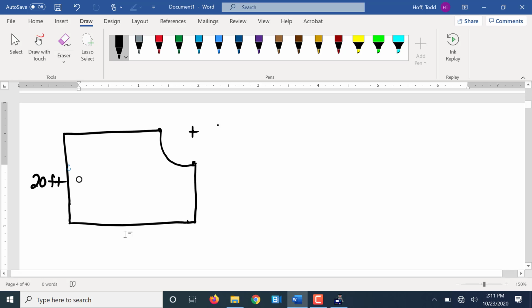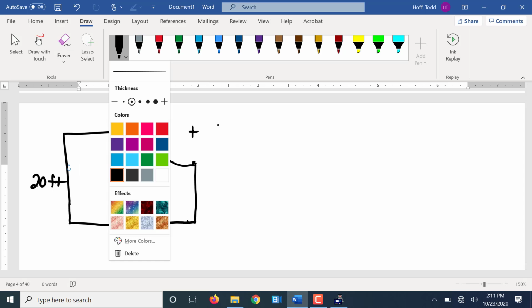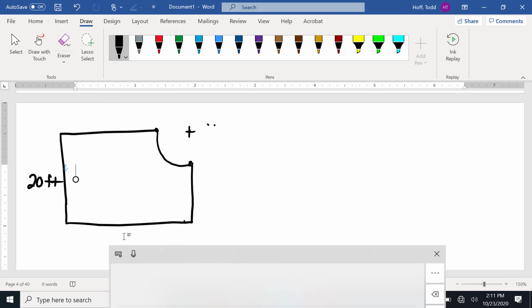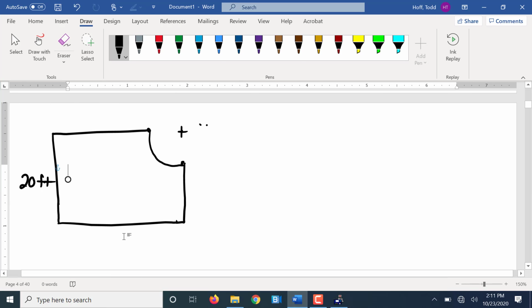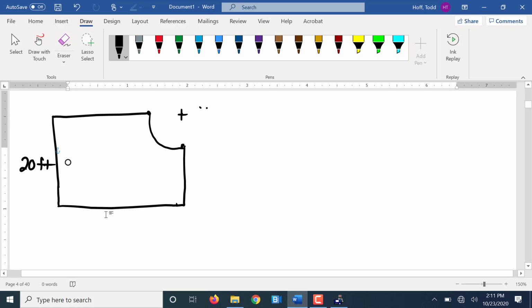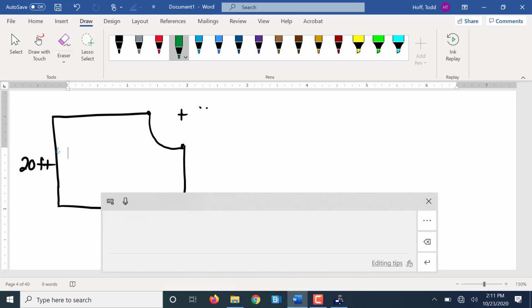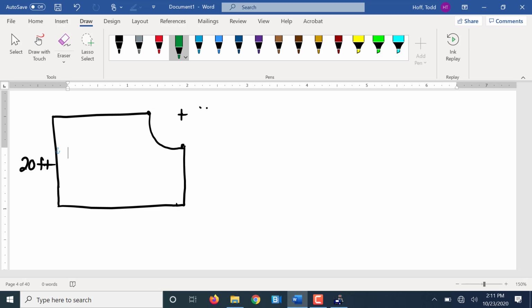Let's say that's 20 feet by 28 feet. And then I tell you that this here is 12 feet. We don't need it for the area, but we will need it for perimeter. What is that distance there?